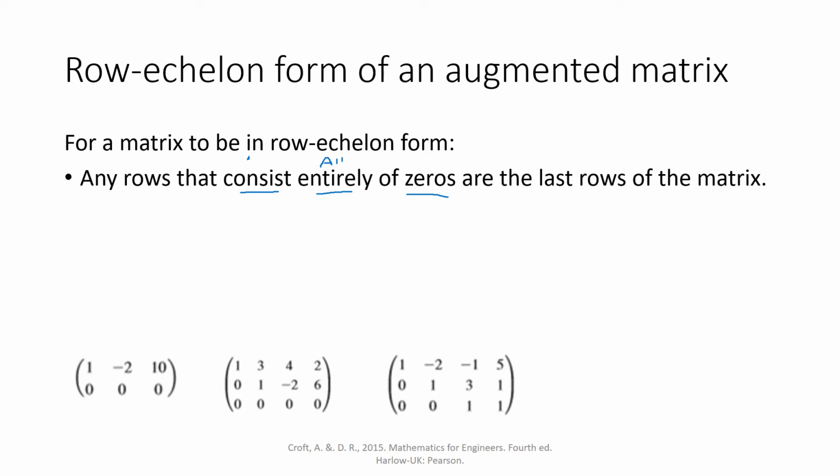Like you see here 0, here 0, but here not 0 in this case. So we will discuss this later. So when this situation comes in echelon form, the last row, this is first row, and this is second row.